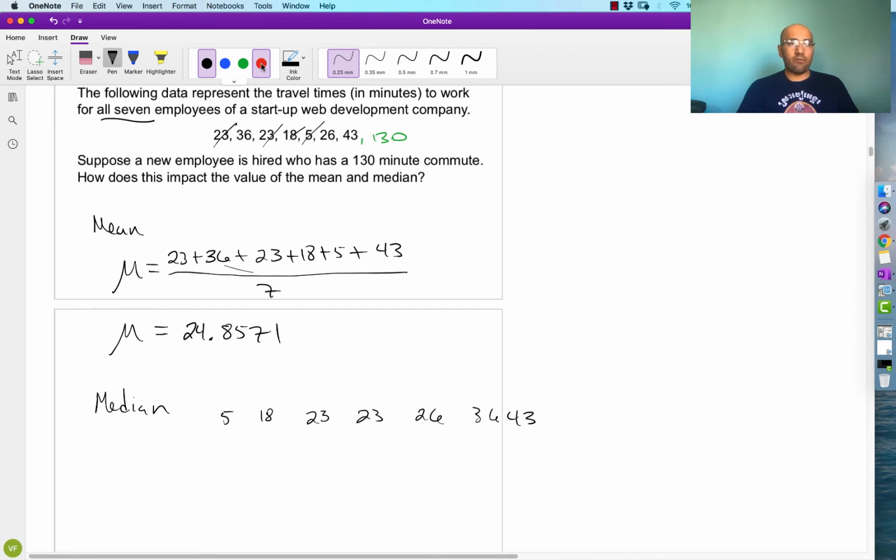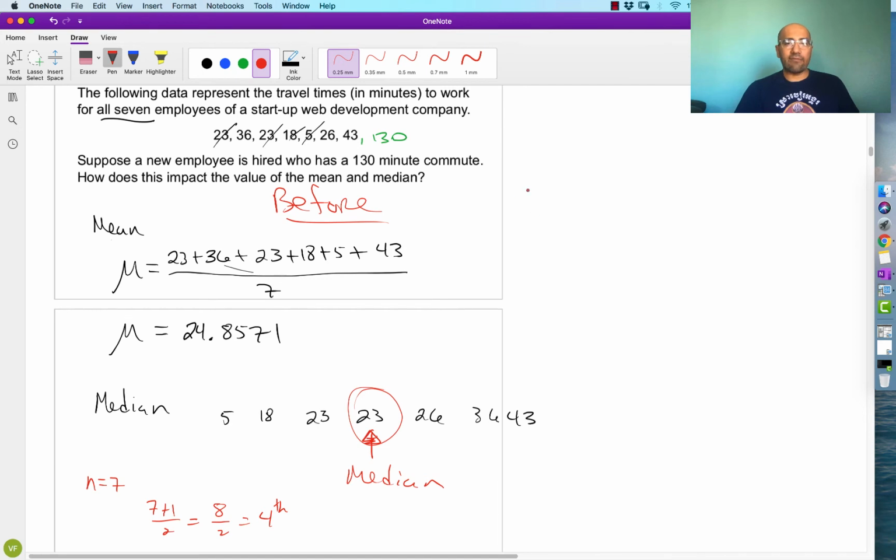And so we found before that the median is going to be this guy right here. That's the one right in the middle, 3 numbers that way, 3 numbers that way. There are 7, n equals 7. So the median is the value in the (7 plus 1) divided by 2 equals 8 divided by 2, or 4, the 4th position: 1, 2, 3, 4. Okay? Median. And this is all before the new hire.